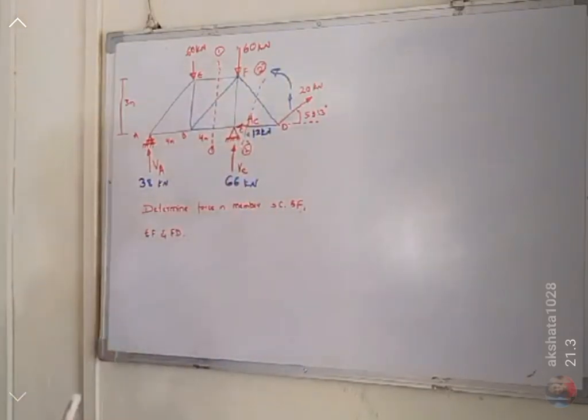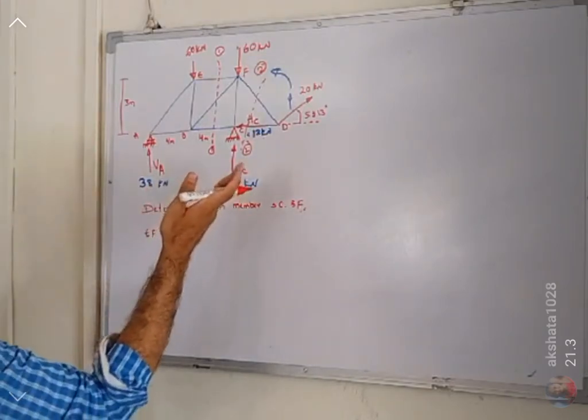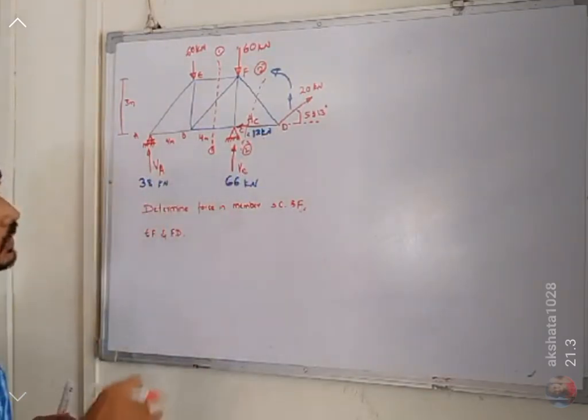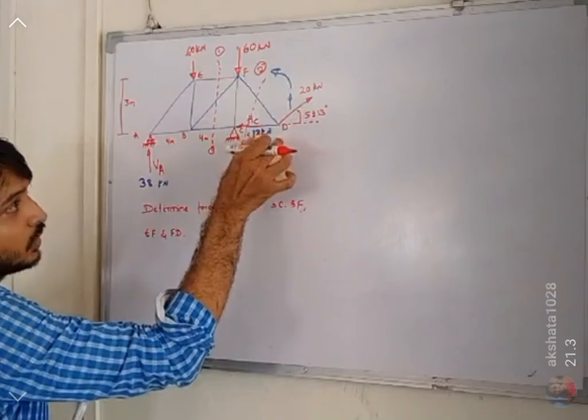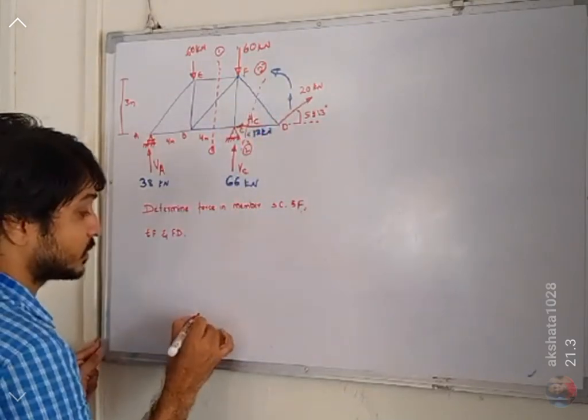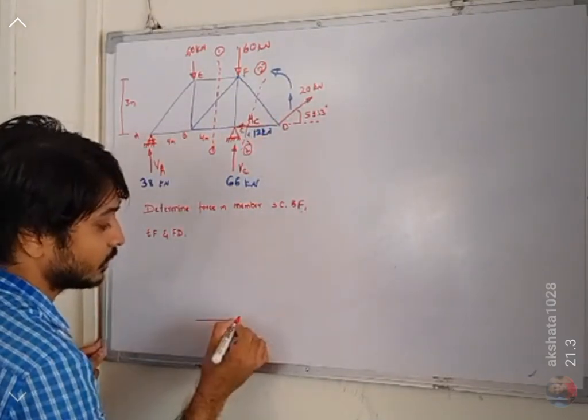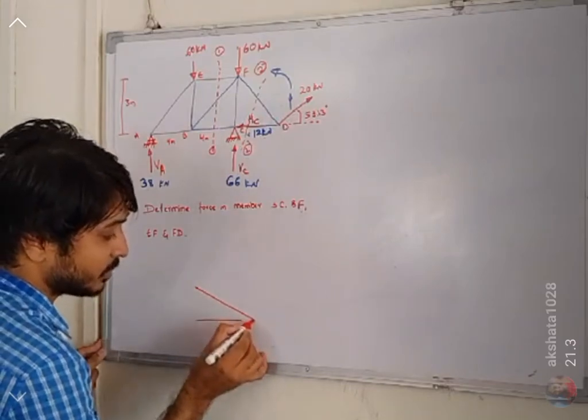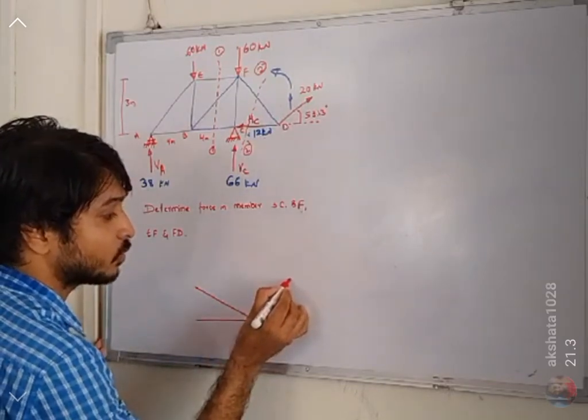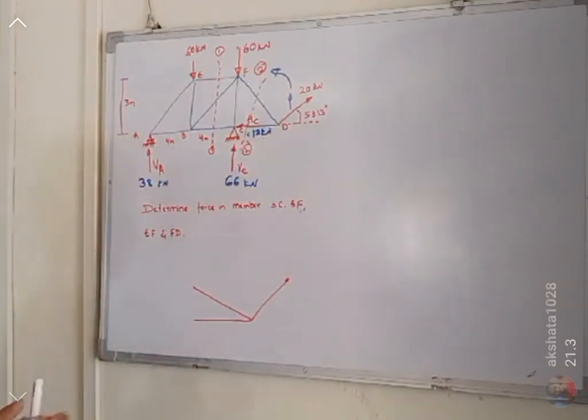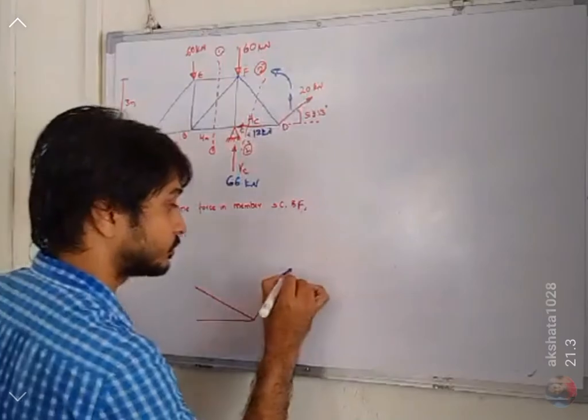If I take 2-2, I can take either the LHS of 2-2 or the RHS of 2-2. But if I take the RHS of 2-2, I get only the small one: one member like this, one member like this, correct? And then one force like this. So that's why instead of taking LHS, I'll take RHS.